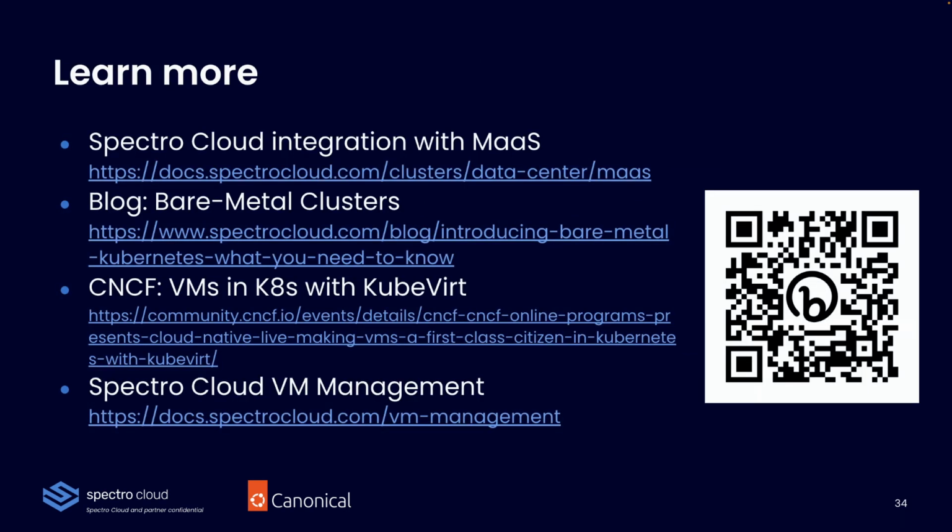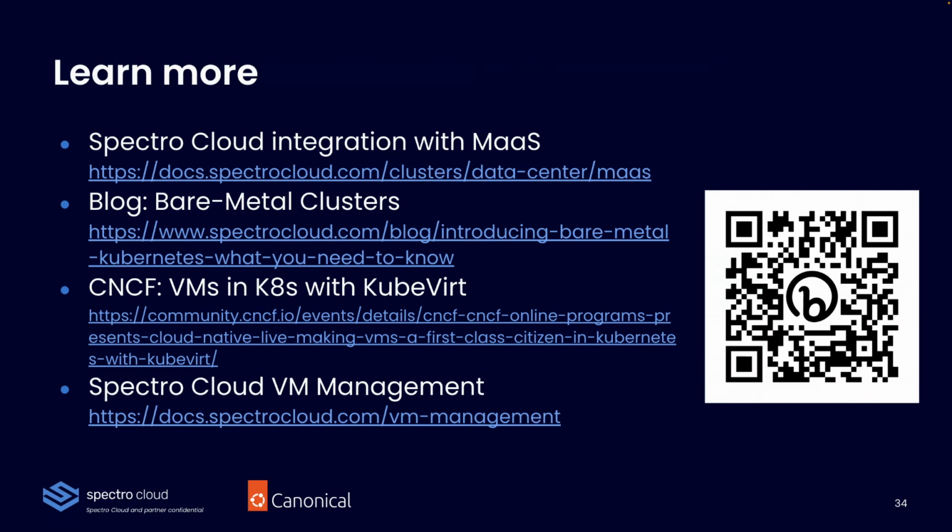All right, that brings us to our last slide. If you want to learn more about the topics discussed here, we have a description of how we integrate with Canonical MAAS, how Spectro Cloud does that for Kubernetes deployment. There's also a blog on bare metal clusters that goes deeper into that.